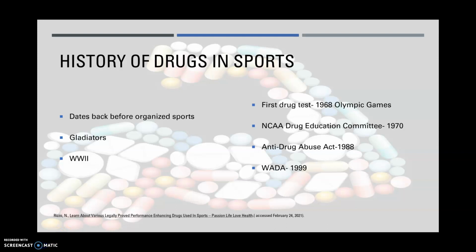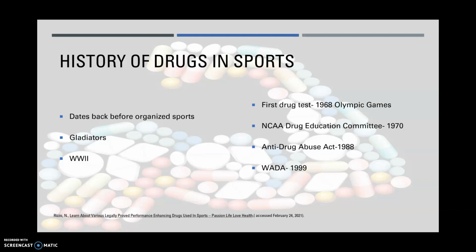Due to the amount of deaths and the allegations of the soldiers using these stimulants, the National Olympic Committee decided to start drug testing for the Olympic Games to make sure there was a fair playing field. In 1968, there was the first drug test for the Olympics, and many athletes decided to drop out knowing that they would fail their drug test.